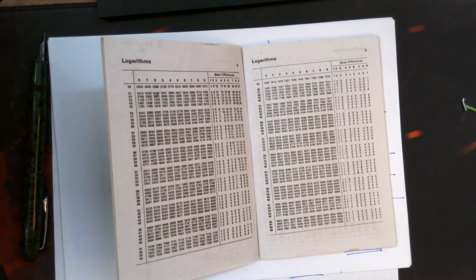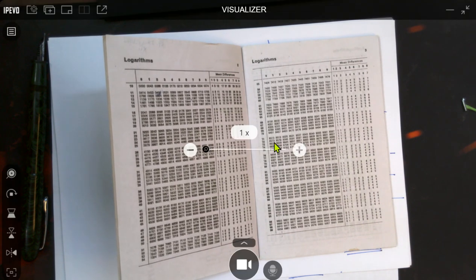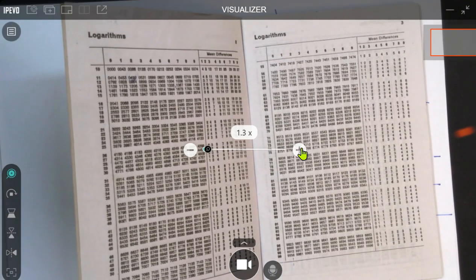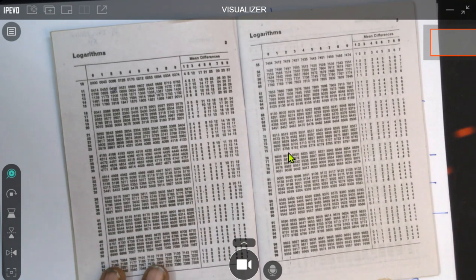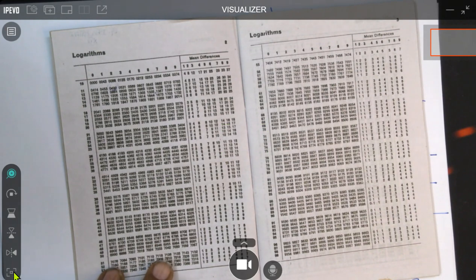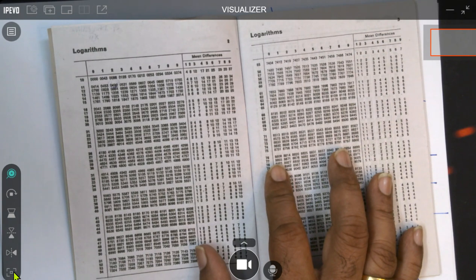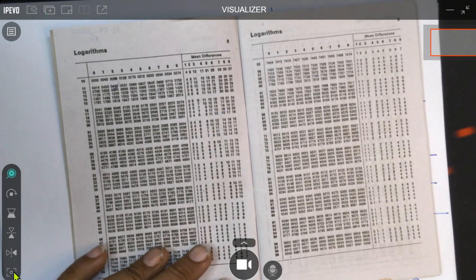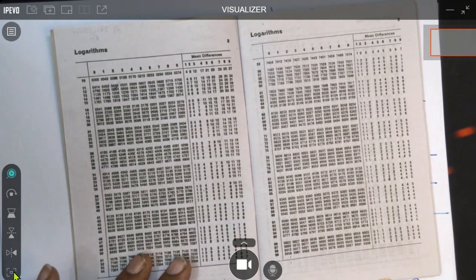Let us consider, so here, never use a pen, always use a pencil for checking the logarithmic values.